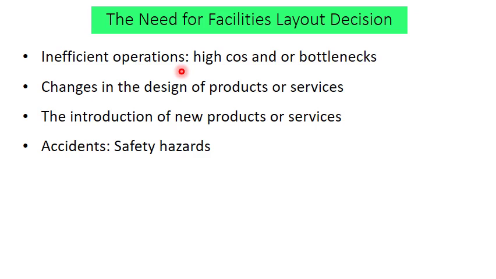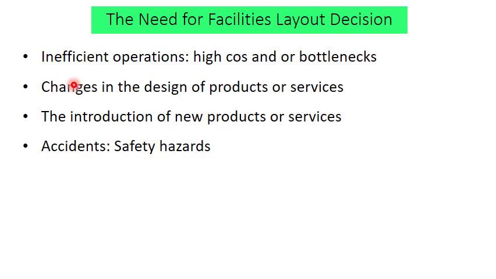We have to change those bottlenecks. So we rearrange, we reconfigure our layouts in the case of inefficient operation, thinking that when we make an appropriate configuration or arrangement of facility layout, it may increase our efficiency.